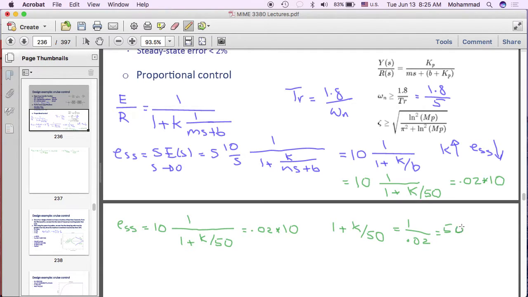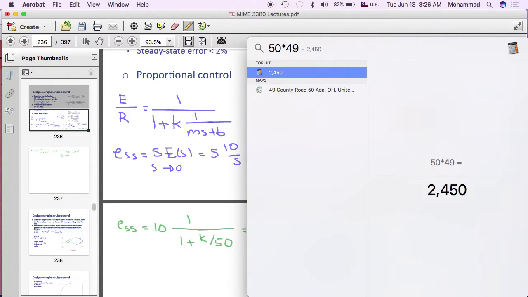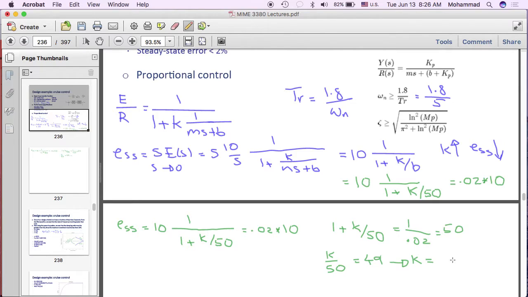So k divided by 50 is 49. So what is the value of k then? It's 50 times 49, which is 2,450.